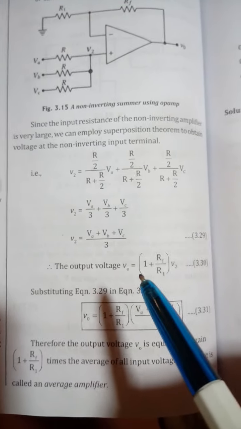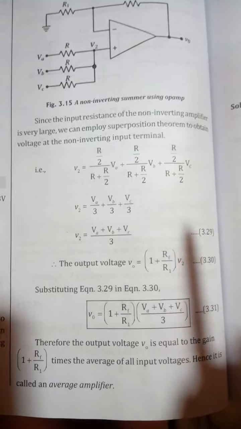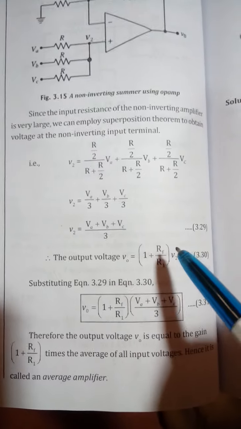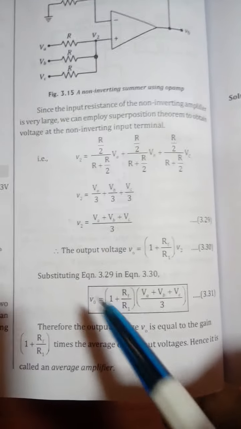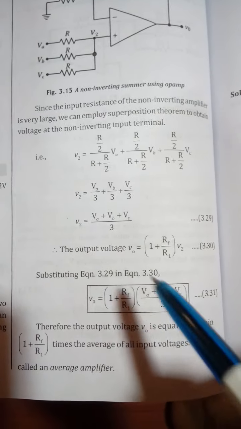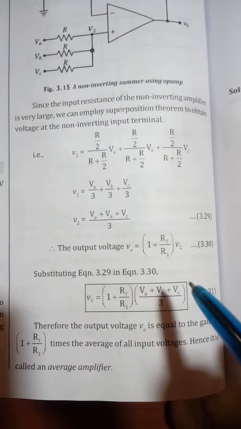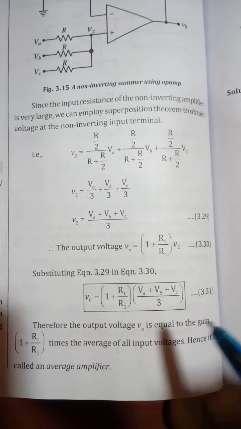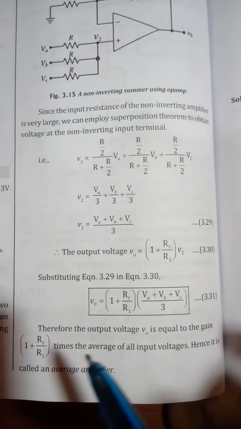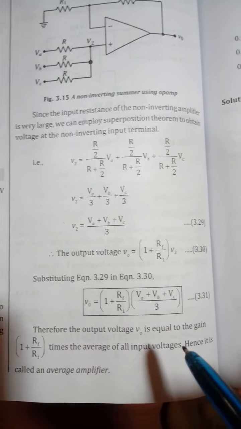The output voltage V0 is equal to (1 + RF/R1) into V2. Substituting this in the above equation, you get V0 equal to (1 + RF/R1) into (VA + VB + VC)/3. Therefore, the output voltage V0 is equal to the gain (1 + RF/R1) times the average of all input voltages.